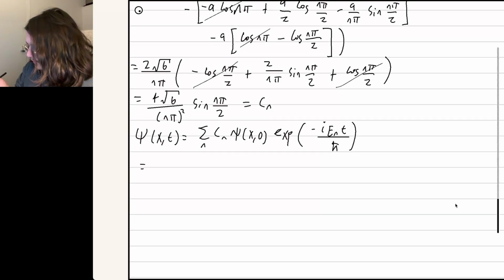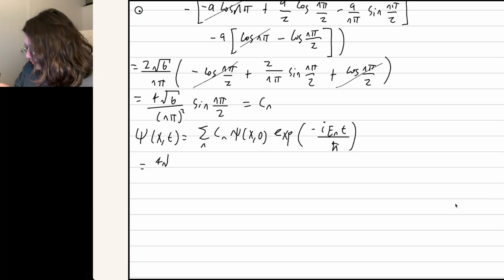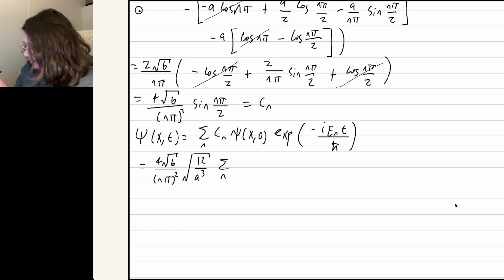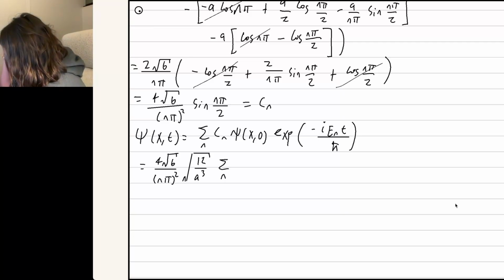Plugging that in, we have 4 root 6 over n pi squared. And then we have the normalization factor, so 12 over a cubed under square root. We have the sum over n of, oh boy, there's a couple of different ones.